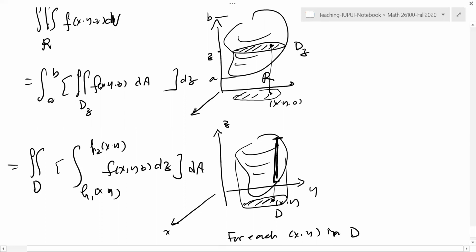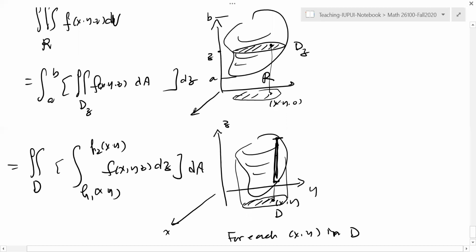If the method is not specified for a triple integral, then you have choices. You don't need to use polar, spherical, or cylindrical coordinates.